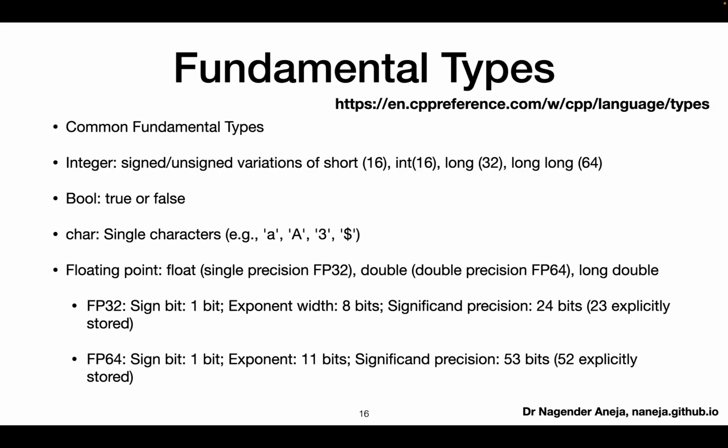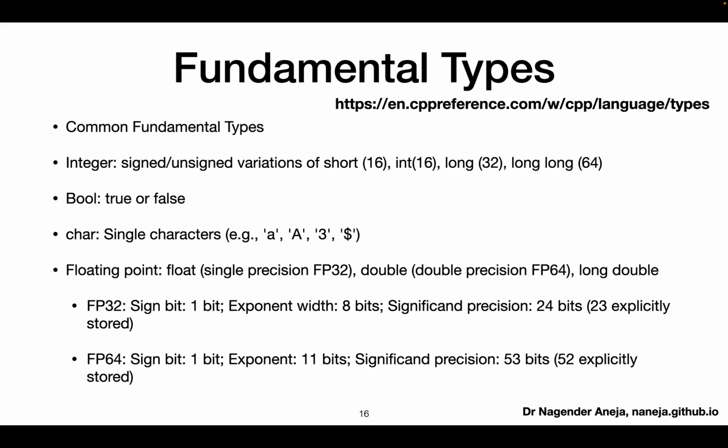So there are a number of fundamental types. Integer is one fundamental type, and there are others, like the variations of integer. We have signed and unsigned variations of short, int, long, and long long, and these represent the number of bits. We may have a 32-bit operating system or a 64-bit operating system, so these bits may change depending on which operating system you are using.